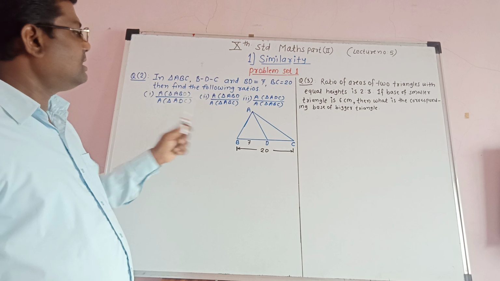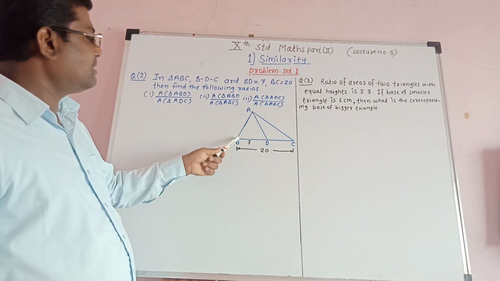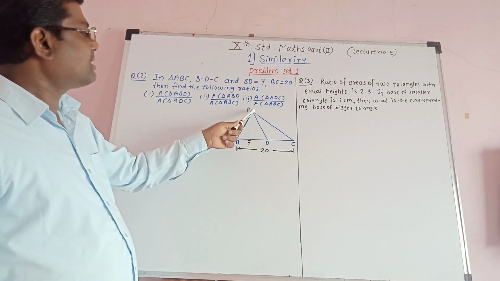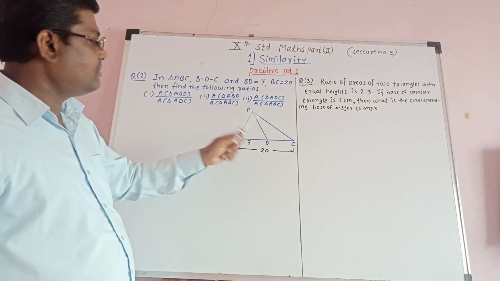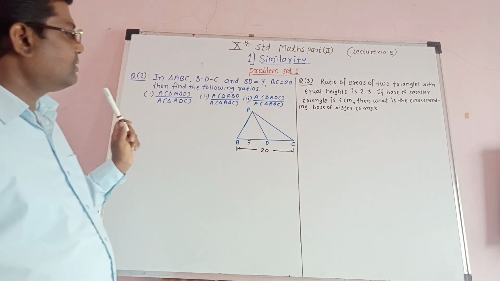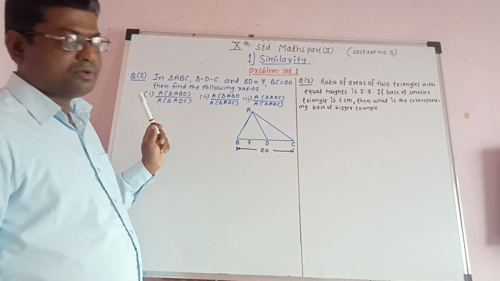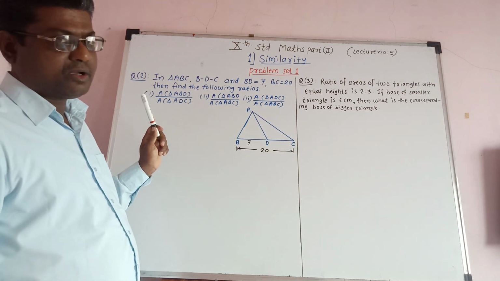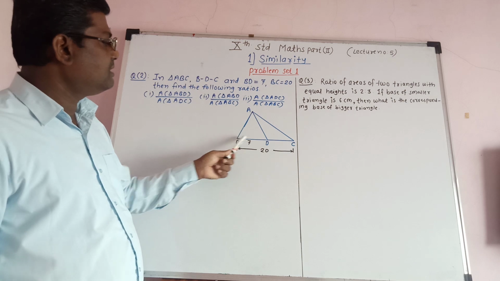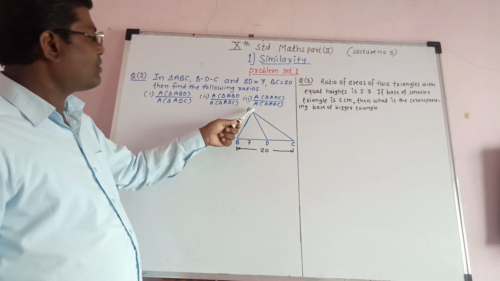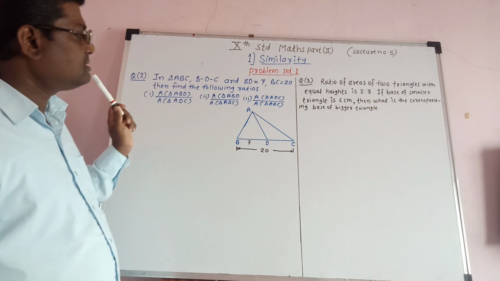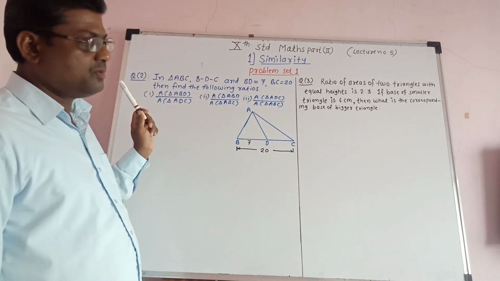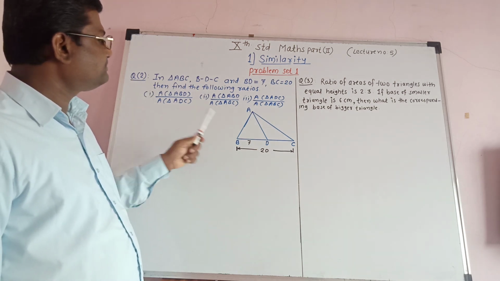Here are three triangles. Triangle ABD, second is triangle ADC and triangle ABC. Now all these triangles have their bases on the same line BC and they have common vertex A. Therefore, these triangles have equal height.